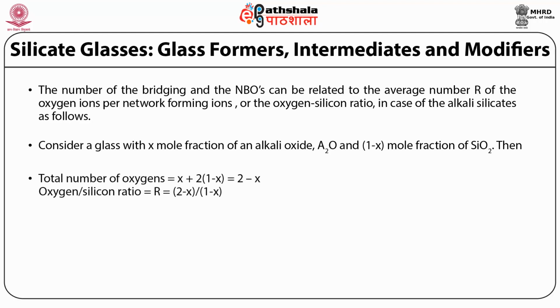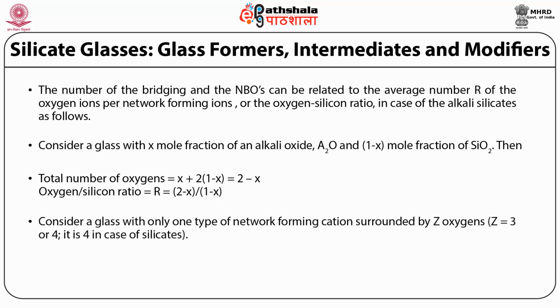Then the total number of oxygens is equal to X plus twice of 1 minus X, which comes out to be 2 minus X. The oxygen to silicon ratio is given as capital R, which is equal to (2 minus X) divided by (1 minus X).